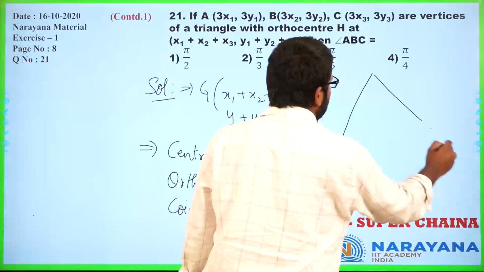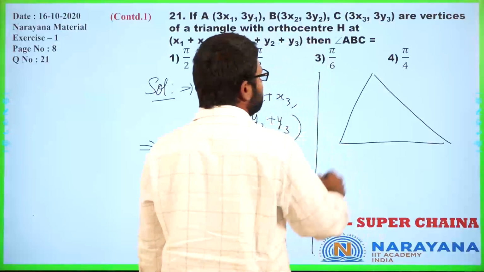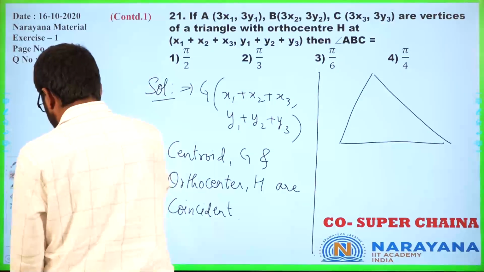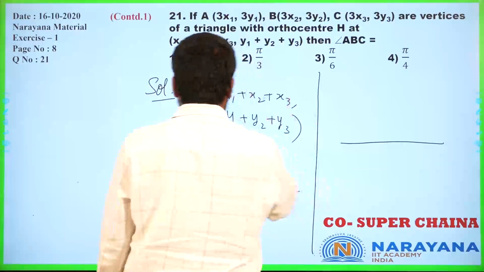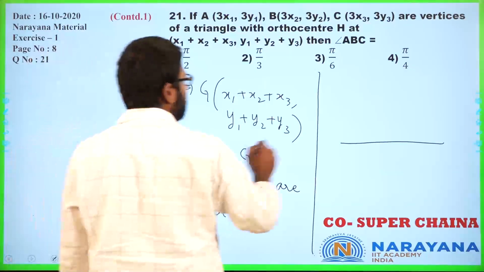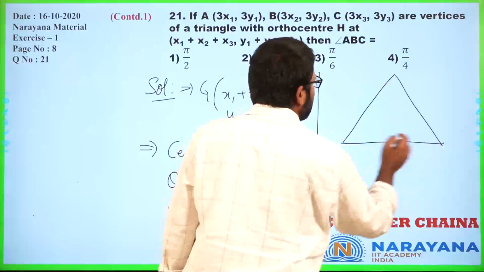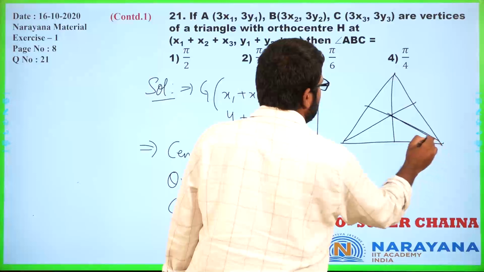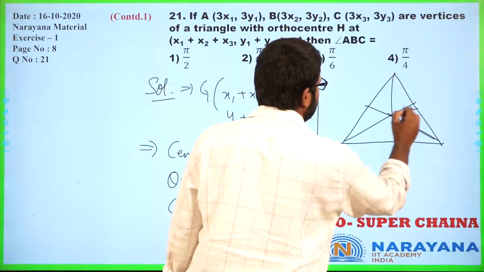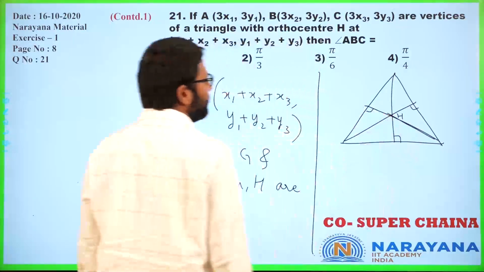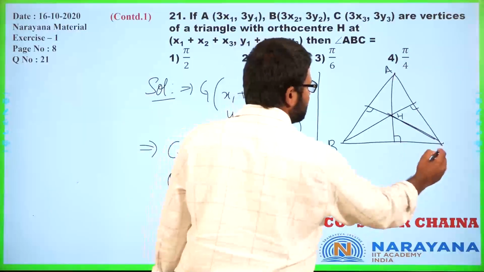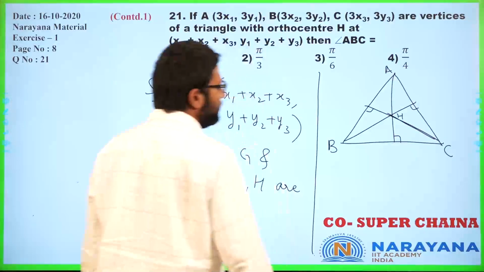We have a particular triangle where, let us say this is the orthocenter, which means it is the point of intersection of altitudes, right?